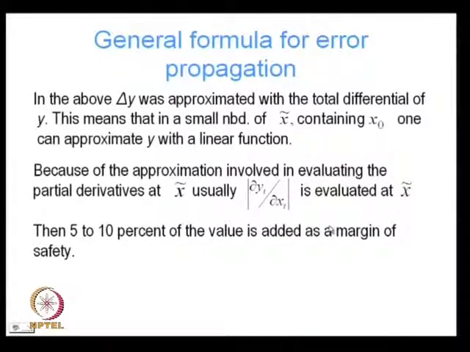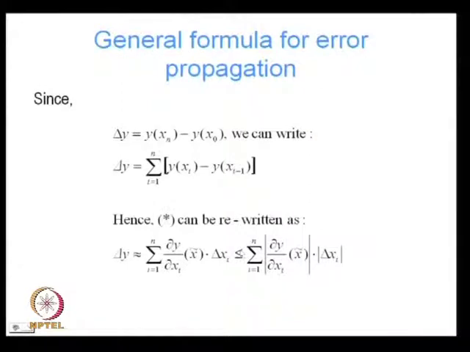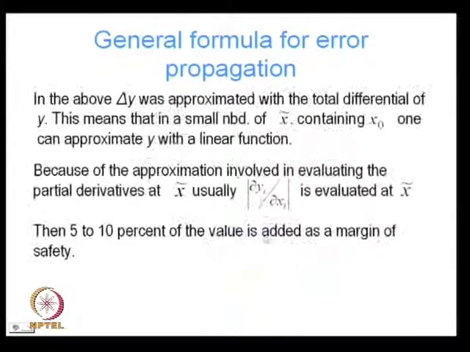In the above, if we go back to our previous equation and look, we are actually approximating delta y by the total differential of y. This means that in a small neighborhood of x tilde containing x 0, we are actually approximating y with a linear function.